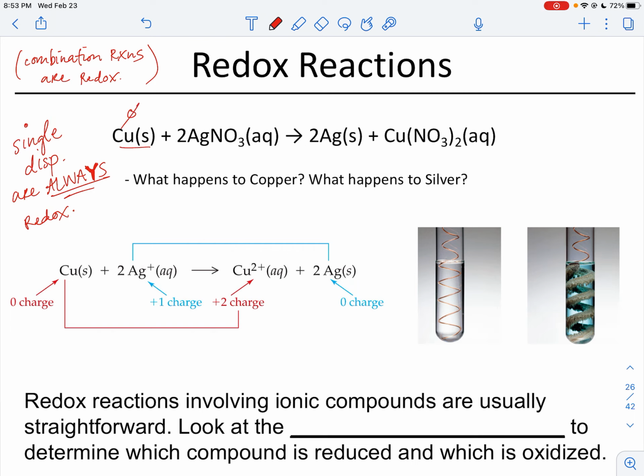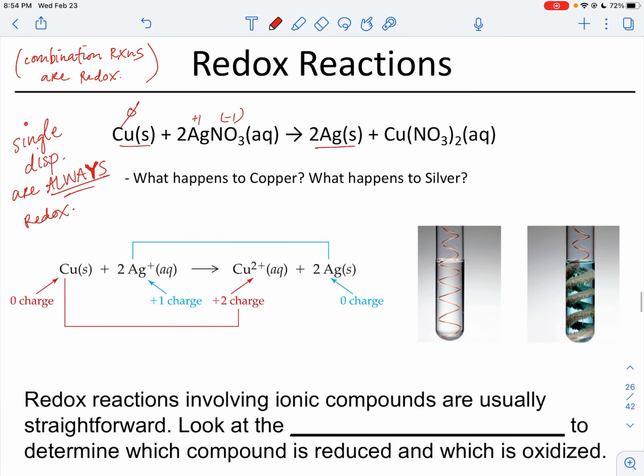Now, could we assign charges to silver and nitrate here? You should know that nitrate is always -1 because that's a polyatomic ion you have memorized, and silver is +1. On the product side, things are a little different. Silver is the one that's just a plain old element, and as an element it has no charge, so we give silver a 0.